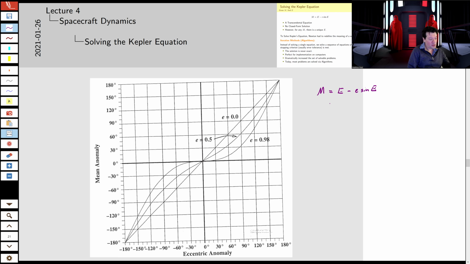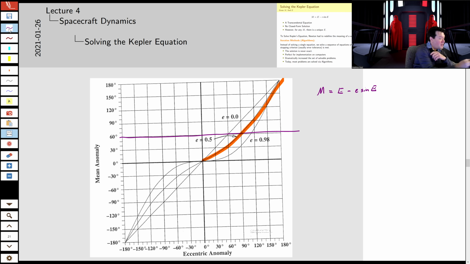Well, one approach is just to graph the problem. Here I've graphed the mean anomaly as a function of eccentric anomaly. And you're given a mean anomaly, let's say it's 60 degrees, for example, right there. And we want to find the E, so these lines are different eccentricities. Let's say we're focused on this particular line right here.